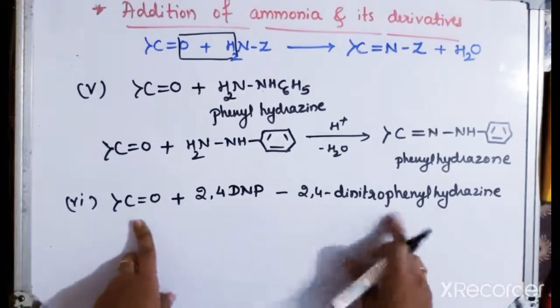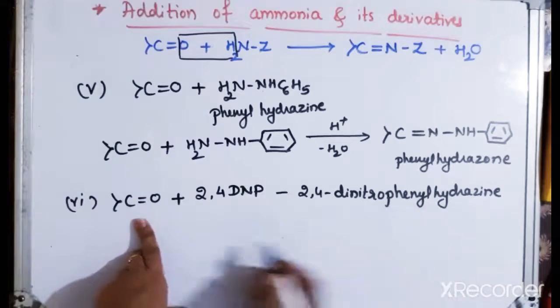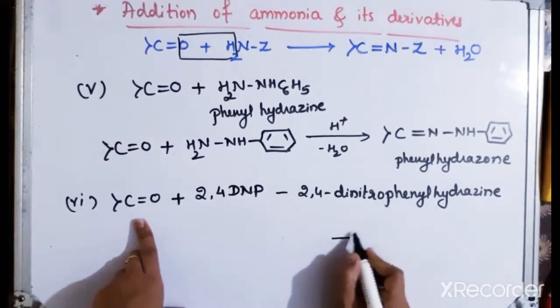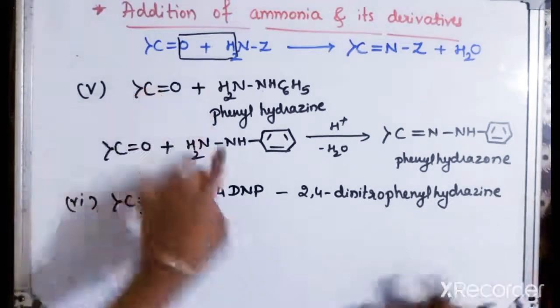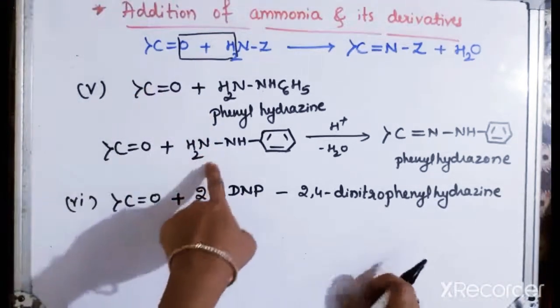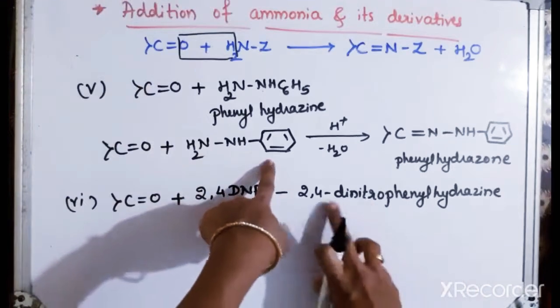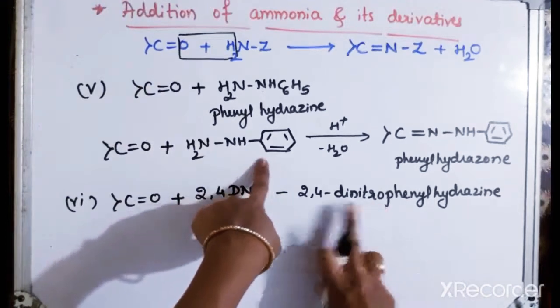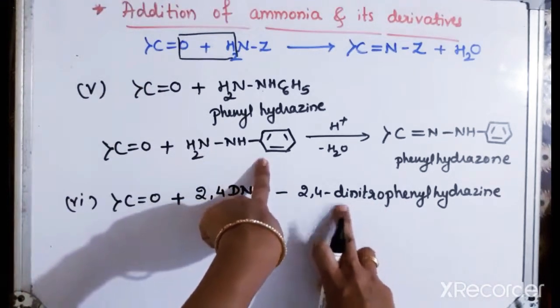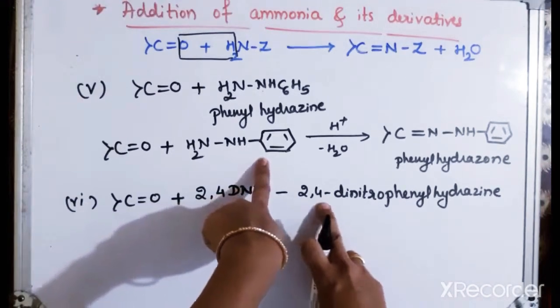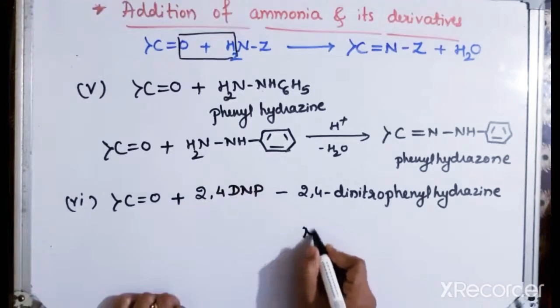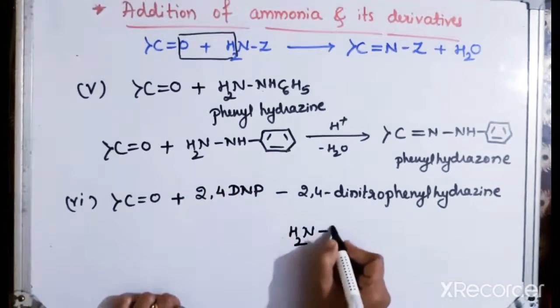So what is the structure of 2,4-dinitrophenylhydrazine then? Phenylhydrazine is NH2 NH C6H5. 2,4-dinitrophenyl means we have two nitro group substitutions, at the second and the fourth position. So you can write the structure of 2,4-DNP like this.